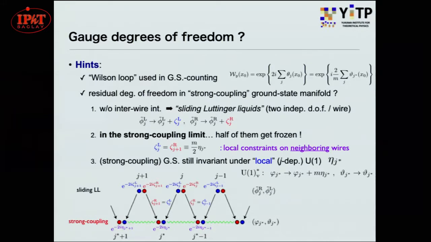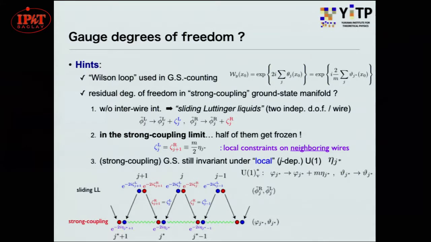But in the strong coupling limit, we cannot do this. We cannot change these two independently. This is the starting point: we have two degrees of freedom, zeta L and zeta R, on each chain. But in the strong coupling limit, these two are strongly coupled to each other, so they must go hand in hand.